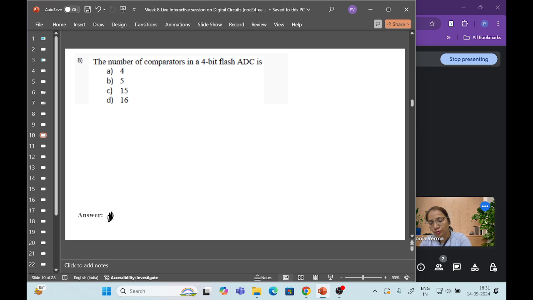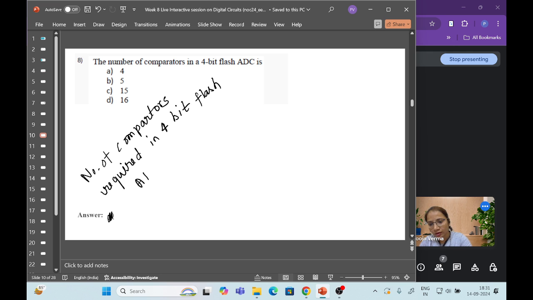So the formula for getting the number of comparators required in a 4-bit flash ADC is 2 to the power n minus 1, where n is the number of bits.